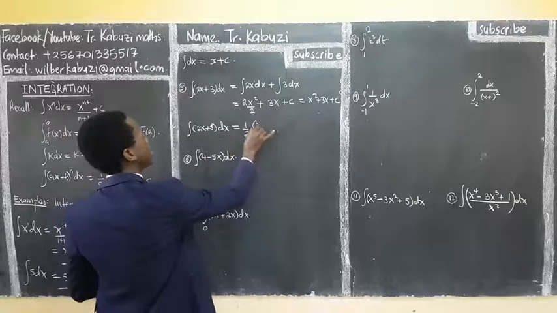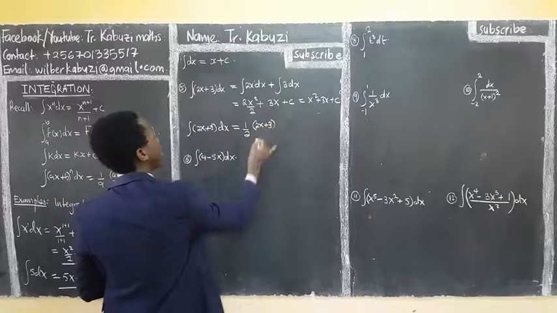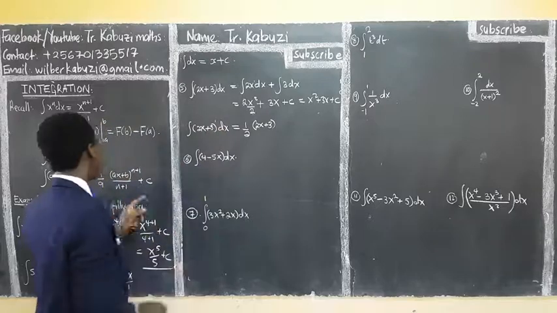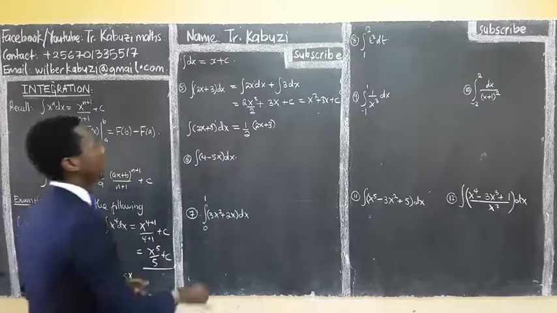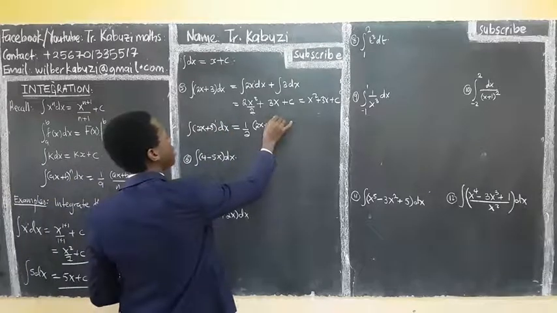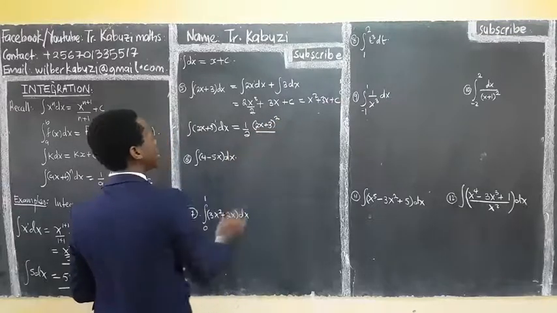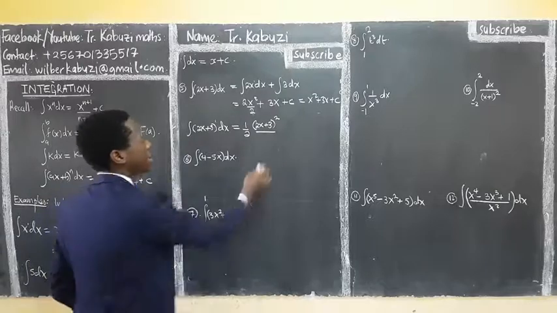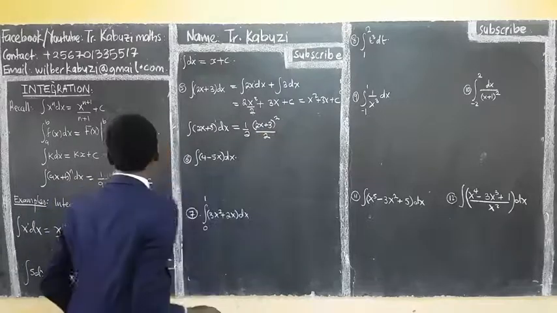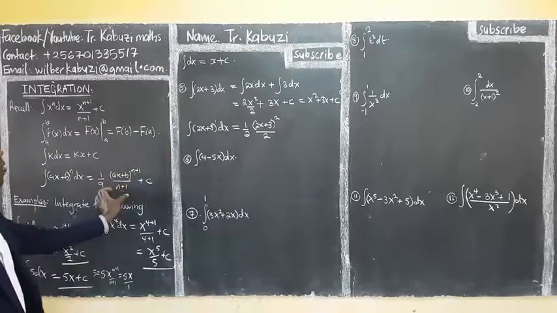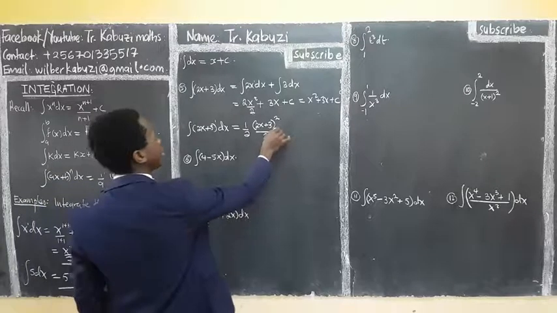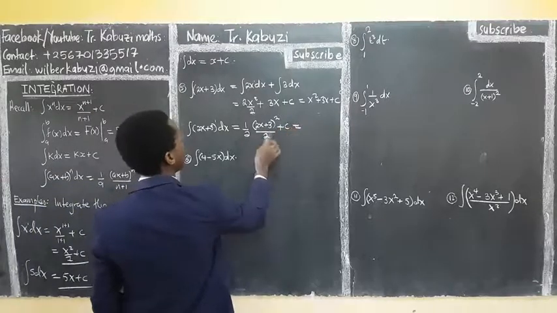Now, we get 2x plus 3. Now we start, the whole bracket is having power 1. So we increase it by 1, we have now 2 over the new power, which is n plus 2. As you see it here. You increase the power, then divide by that power. Then plus c.